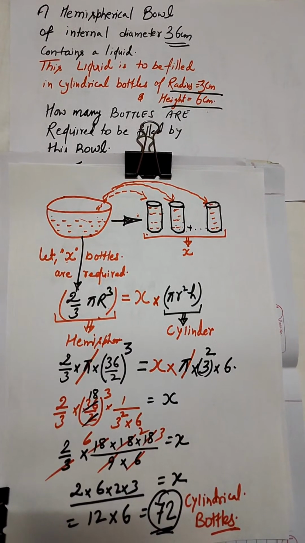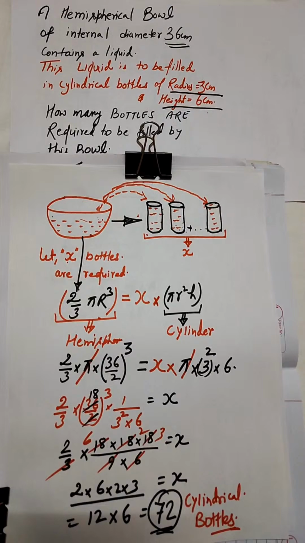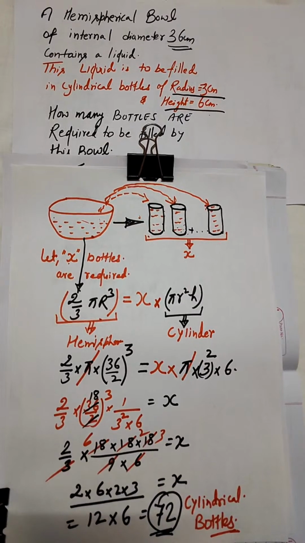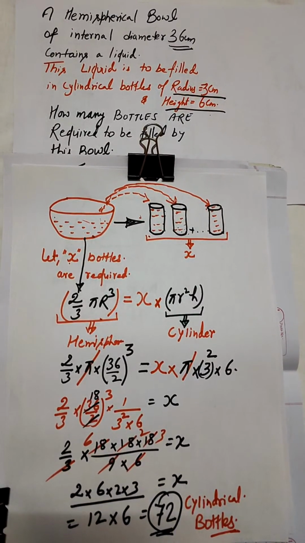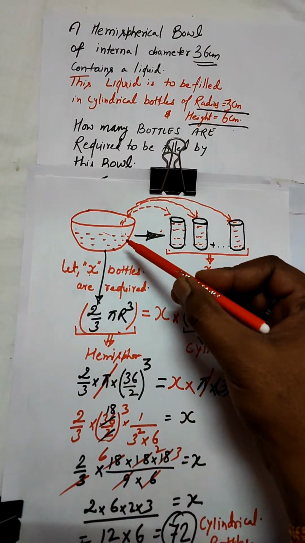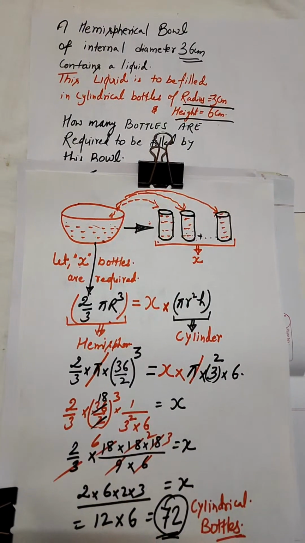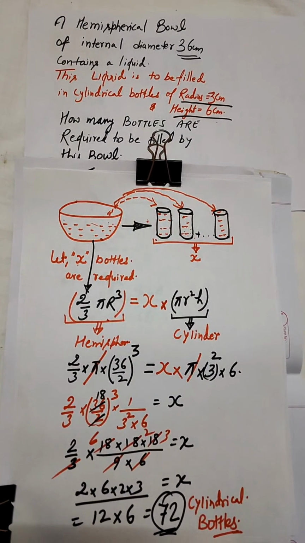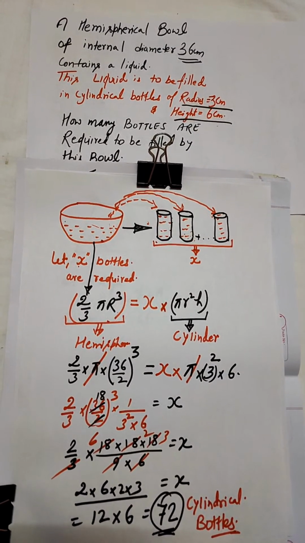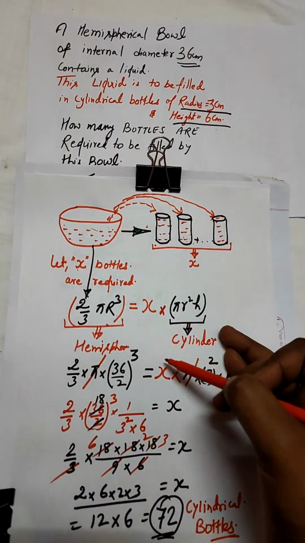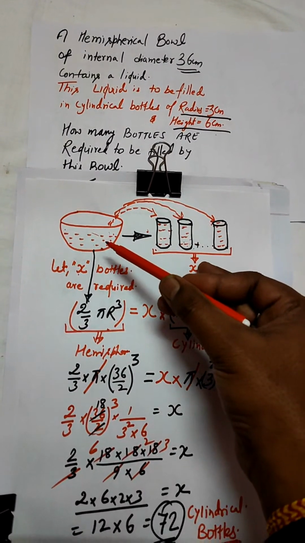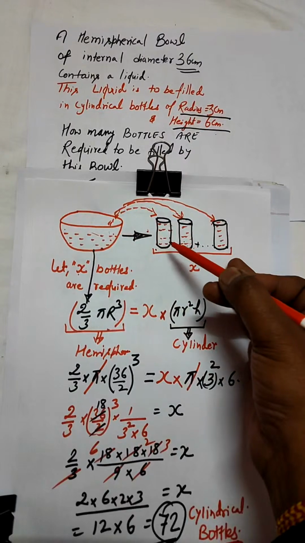So for all volume related questions, I think you get the concept, right? The volume of a container is just obtained by that liquid which is poured into that container, right? So just apply that concept. You should remember the volume of the container and just equate with n number of the containers where it needs to be refilled or emptied, and you just get the value of that x. Okay, in place of cylinder it can be conical flask, here it can be a sphere, here it can be cylinder, and here it can be a hemisphere.